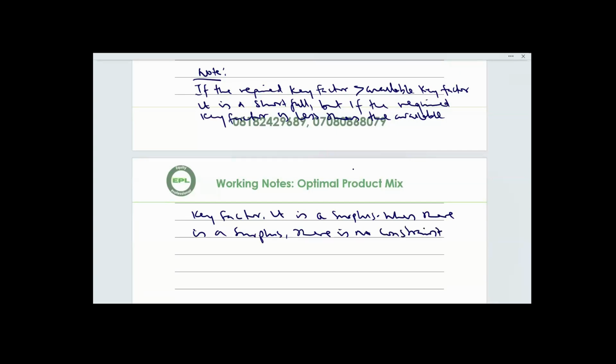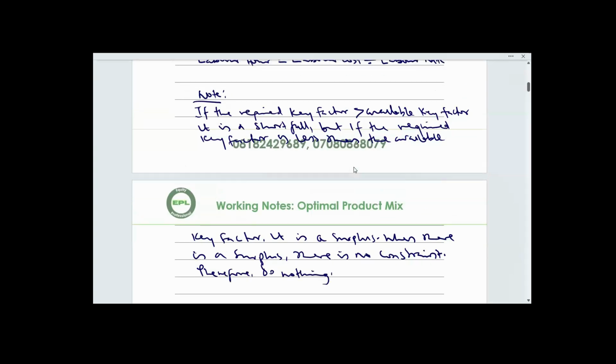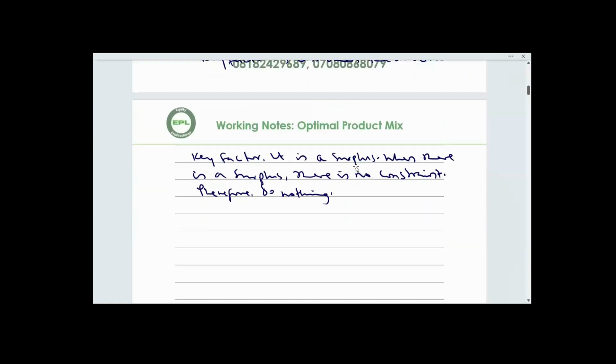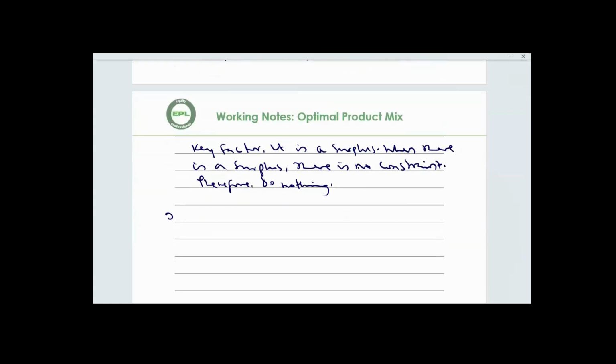Therefore, do nothing. Because once you have a surplus, since there is no constraint, you don't need to worry yourself. Do nothing. That's it. Now we move to step 2.